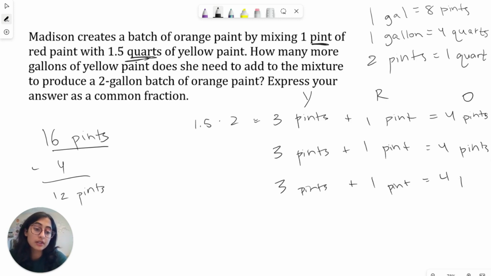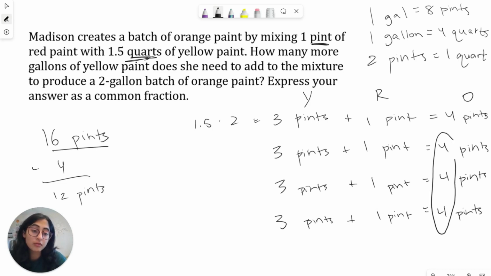And the reason this works out is because we need to make another 12 pints. So if we just do this 3 times, where we add a batch of 3 pints of yellow and 1 pint of red 3 times, now we have made 4 plus 4 plus 4 equals 12 additional pints of orange paint. So that's exactly what we need.